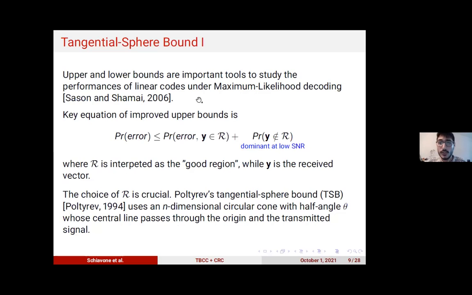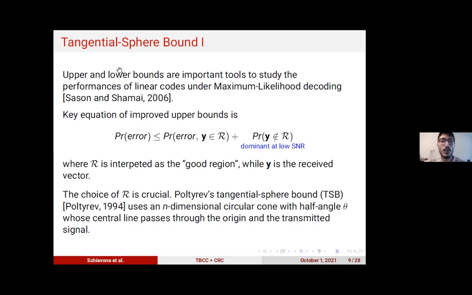And what I suggest is this book from Sason and Shamai, which I placed in the references, and it's really good. There are presented many upper and lower bounds with all the derivations step by step. It's really super. I suggest it for your life.